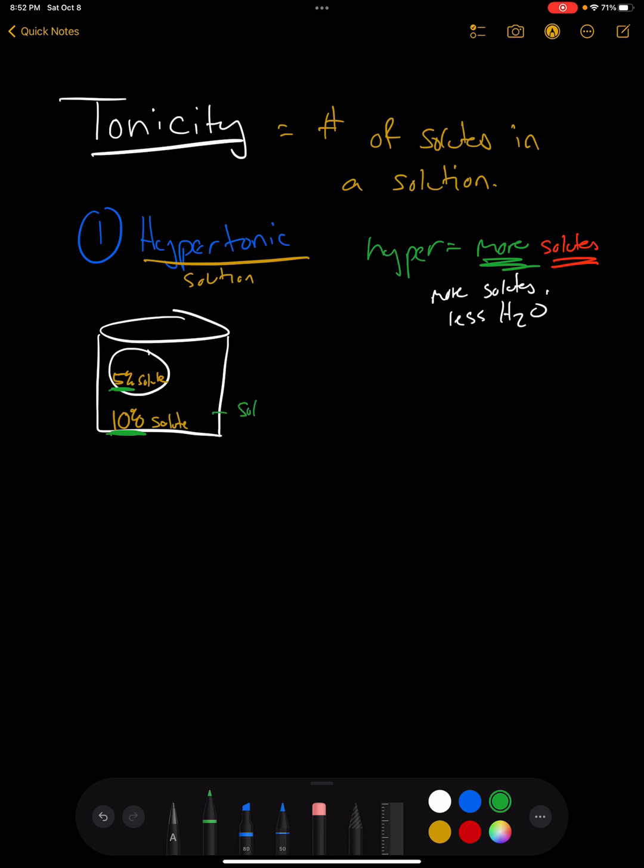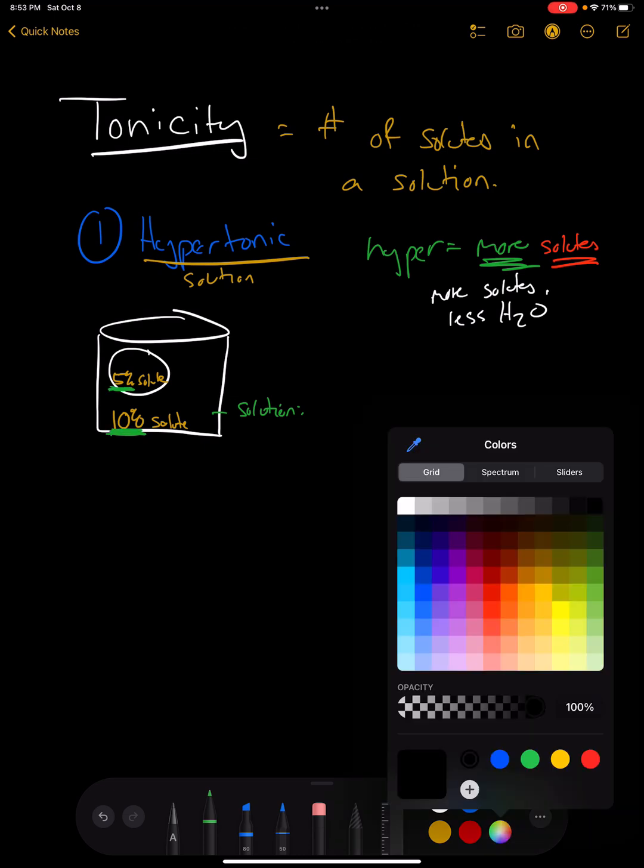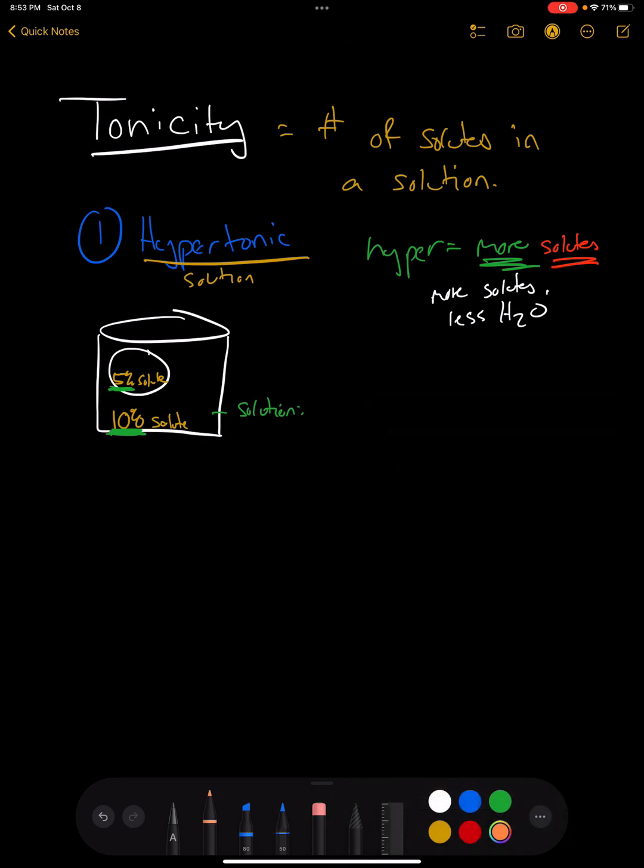So when I go to name this solution, I have to see, does my solution have more or less than my cell? Well, my solution has 10, my cell has 5, so my solution has more solute. And since it has more solute, it is called hypertonic because it has more.